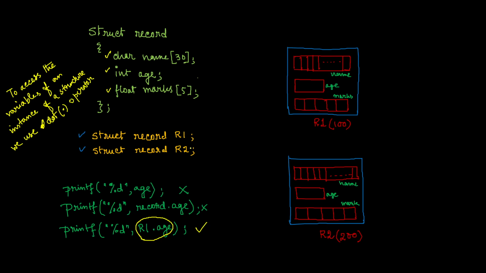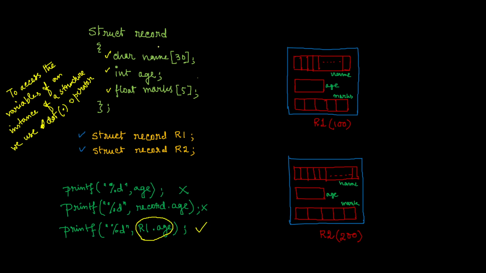For example, if I ask you what is the total memory space R1 will occupy or R2 will occupy, how will you understand this? We have to go through the definition of the record structure, and according to that we have to find this.